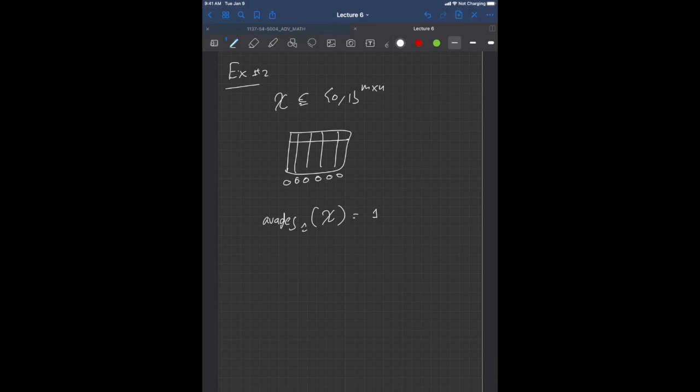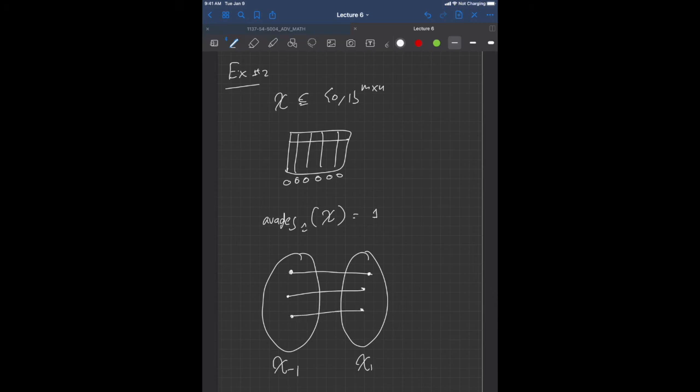So how are we going to show that? We take this graph, x minus 1 and x1, right? We know that every partial matrix here has exactly one row on the right that it completes to.